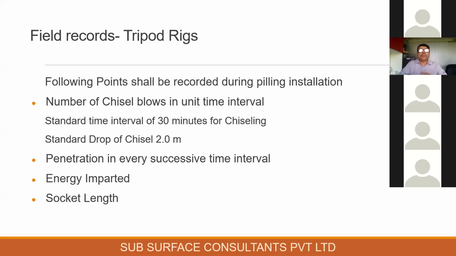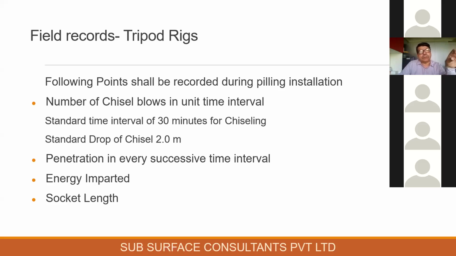So the following points need to be recorded while using tripod rigs. The important thing is that during pile installation, we record what is possible for the field engineer to record. Only four things can be done. One is the number of chisel blows in a unit time interval.